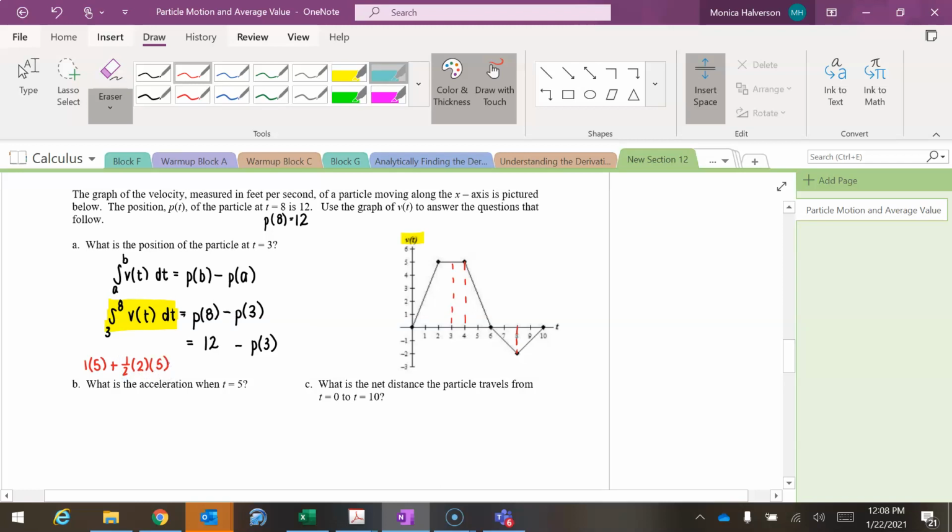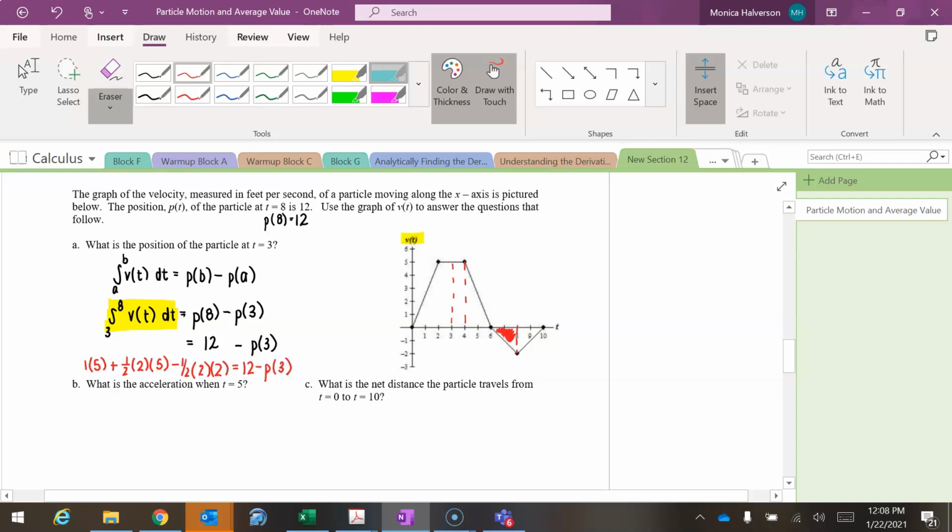And then we're going to have to subtract the area on the bottom, which would be minus 1/2 times 2 times 2. And that will equal 12 minus P of 3.